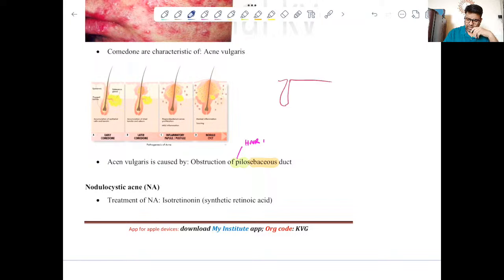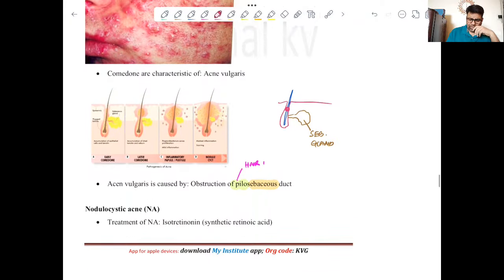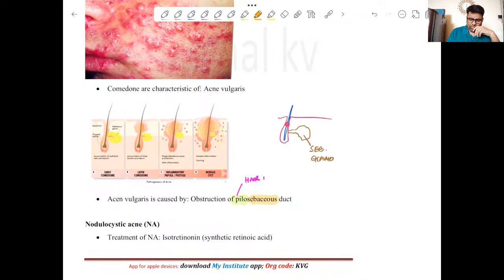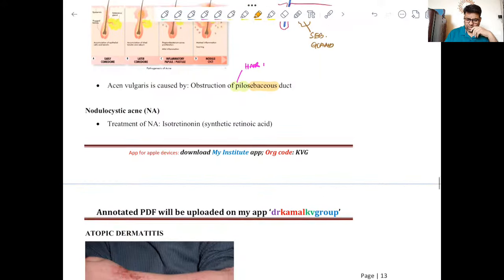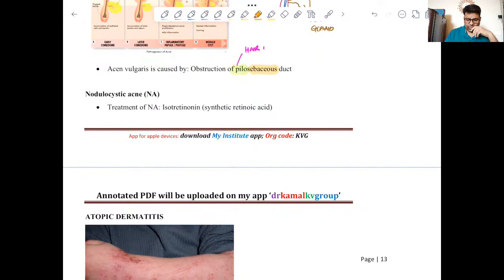The nearby sebaceous glands open their secretions into it. So if there is any blockage over here, the secretions will remain pent up. So that is acne, and this presents with comedone. It can be white or black, depending on oxidation because of exposure to atmosphere or not, right?